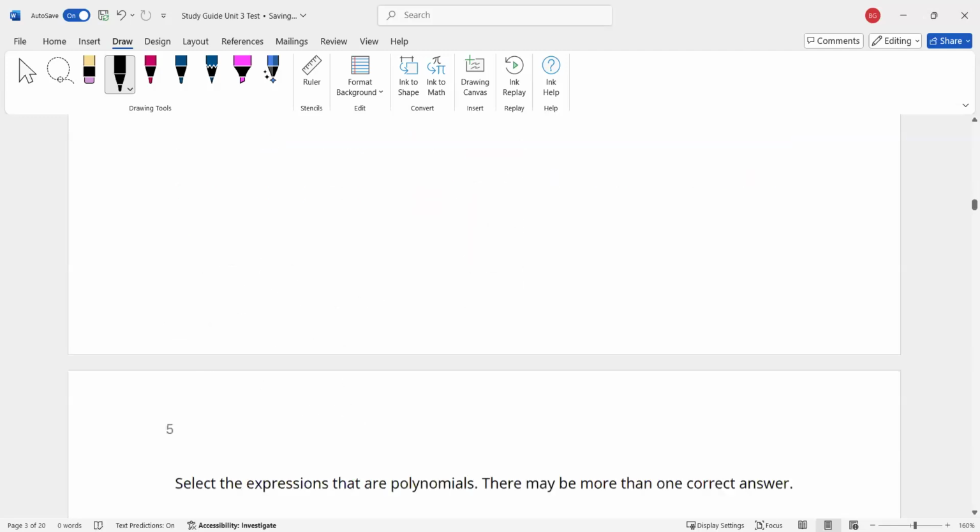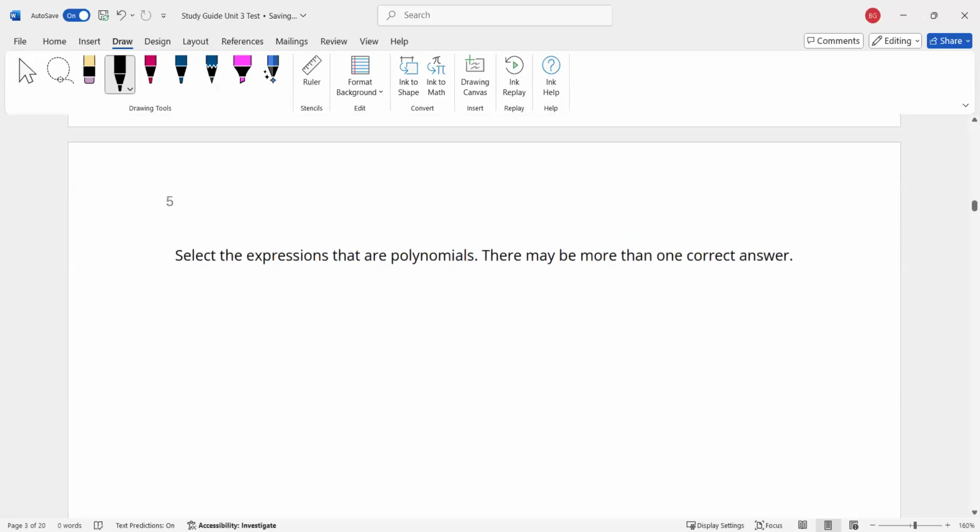Number 5. Select the expressions that are polynomials. There may be more than one correct answer. This question is basically from Foundation 2. In the class right before the spring break, I covered the definition of polynomial. I started with monomial, binomial, trinomial, and a general polynomial.